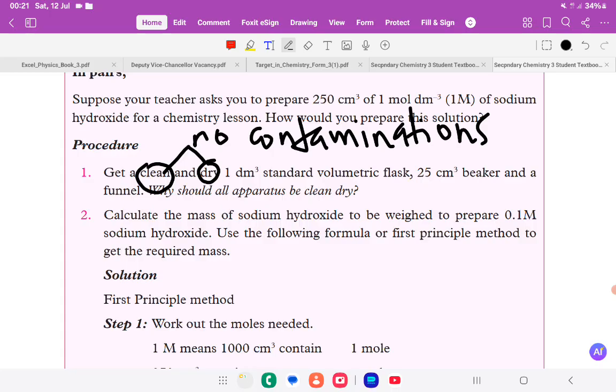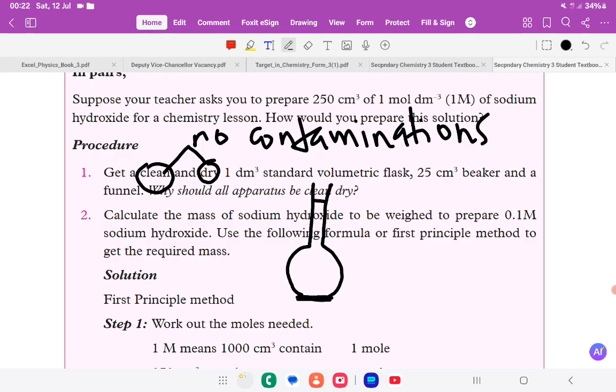A volumetric flask, in case you've not seen one, is shaped like this, and it should be capable of resting on a bench.